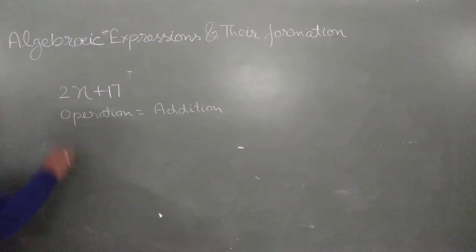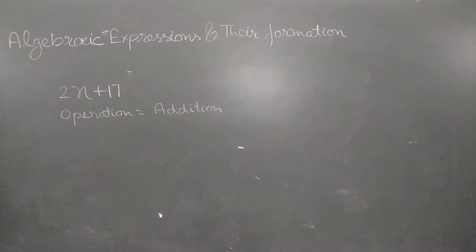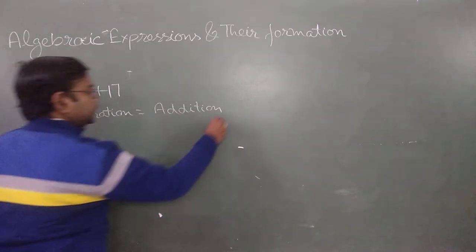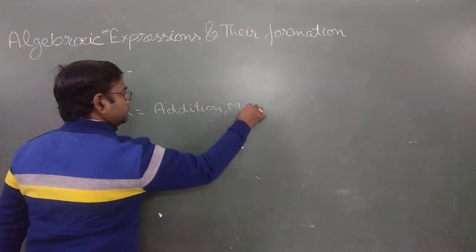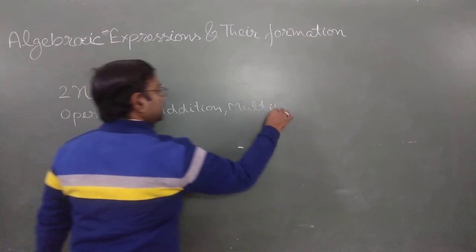But you can see there is a multiplication also there, 2 into x, it is a multiplication. So you must be careful about this type of expression. Here not only addition, also multiplication is there, so you must write down multiplication.